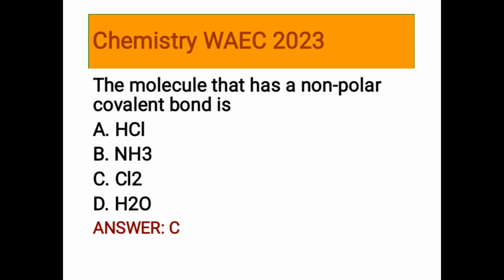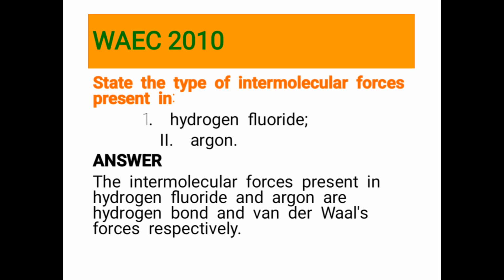HCl is polar because you have H plus Cl minus, NH3, H plus N minus, H2O, H plus O minus. So the 3 others are polar. Only Cl2 has a non-polar covalent bond there. And then again, we can look at another question.